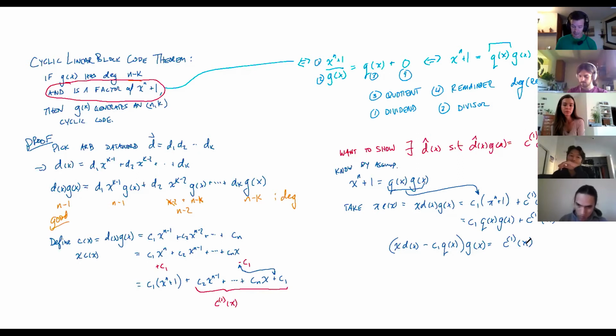Turns out the answer is yes, but I think it's a little disconcerting, because normally g of x takes k minus 1 degree polynomials and maps them to n minus 1 degree polynomials, right? That's what a generator polynomial does. But what is the degree of this polynomial? So we'll go back to the color for degrees. If d of x is k minus 1 degree, then x times d of x is actually degree k.